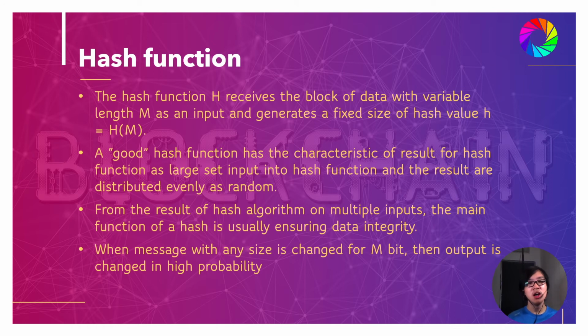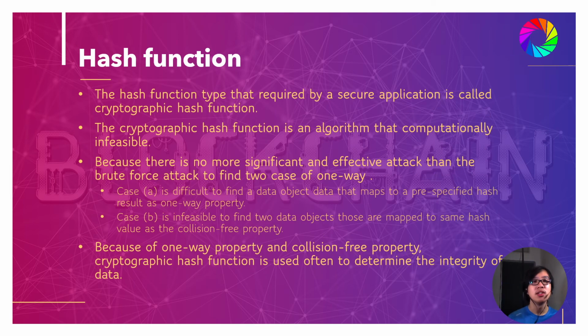If not, every input has its own unique hash value. So that means when we change the message by one character or two characters or three characters or one sentence, the output must be changed.